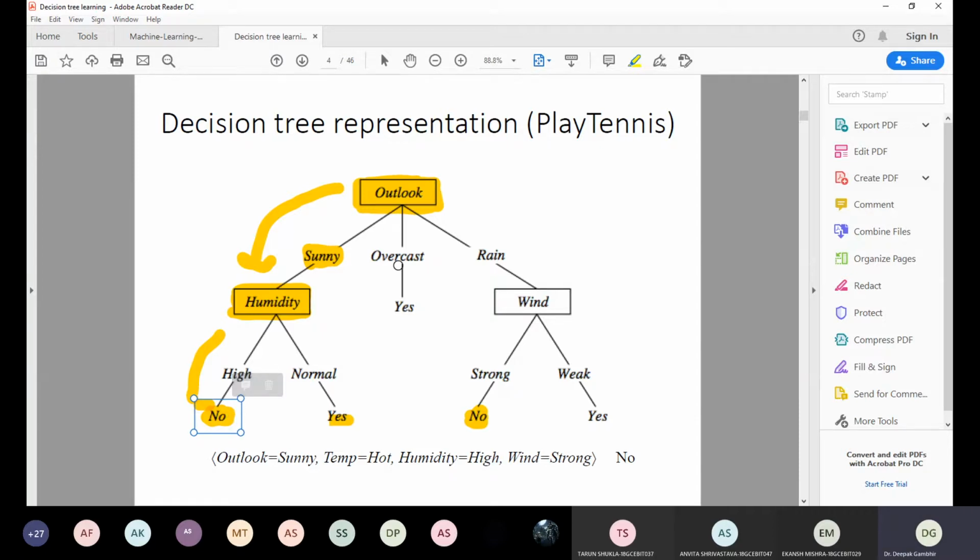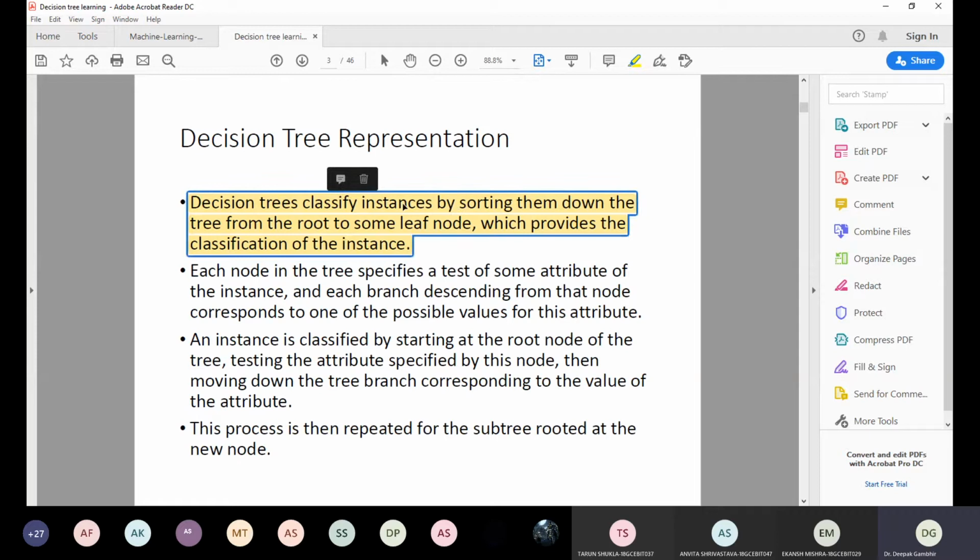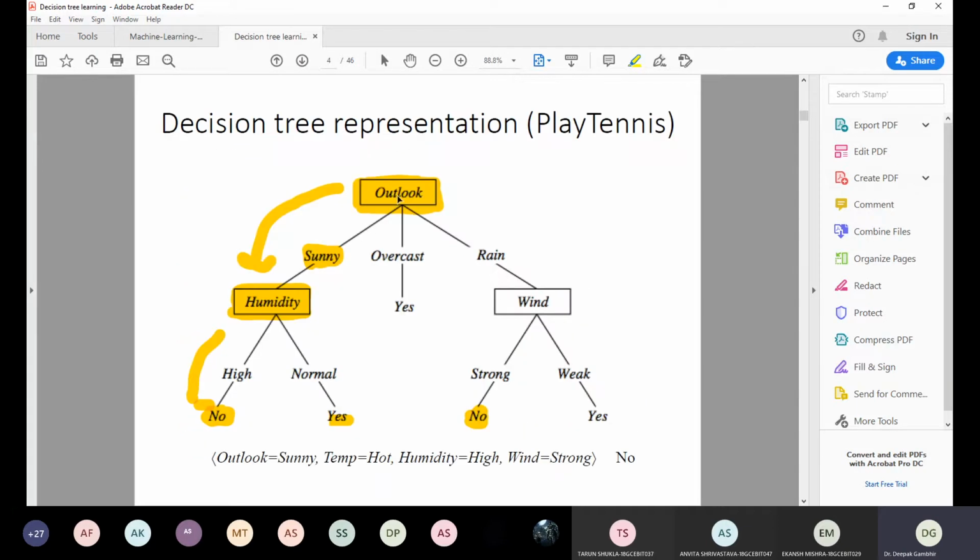So in the case of a decision tree, we classify the instances by sorting them down the tree from the root node to some leaf node. From the root node to some leaf node, we track down the tree, which finally provides the classification of the instance. In this case of the play tennis algorithm, this is the root node, outlook. We will check whether it is sunny, overcast or rainy.